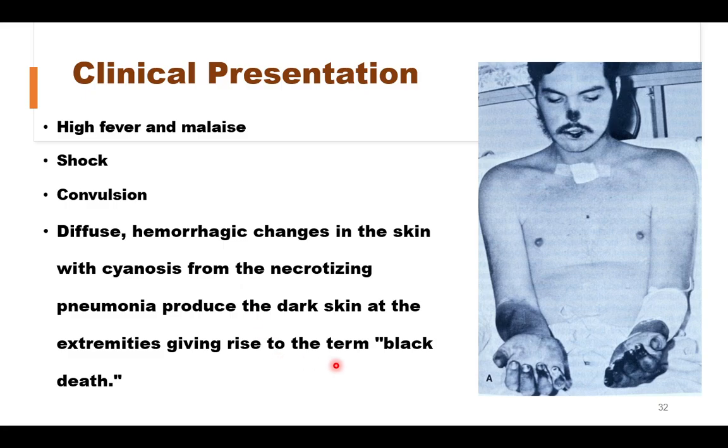And coupled with the bleeding in the skin that tends to affect the extremities, you have these black lesions, and that's where the name of the disease arose from, the Black Death, because by the time the patient is showing up like this, the patient is close to dying, okay?